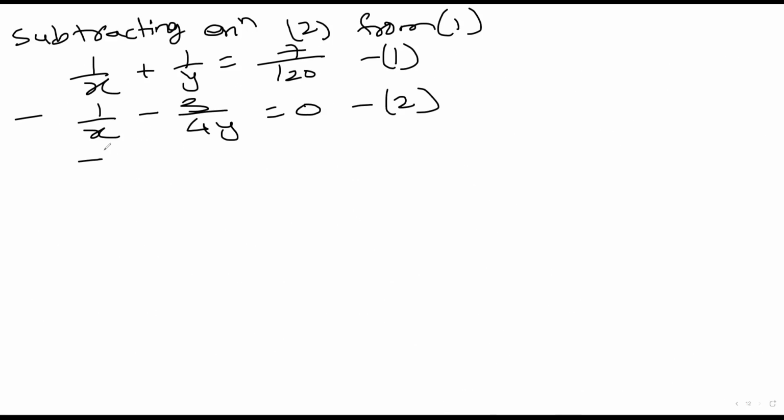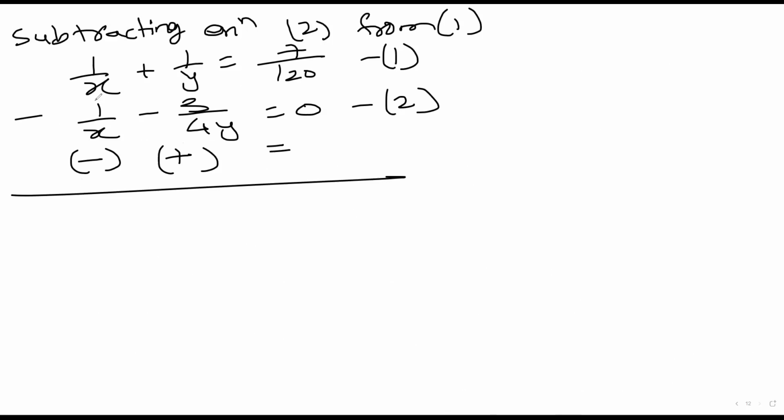This minus will become plus, this has no sign here. So 1 upon x minus 1 upon x will get cancelled out. 1 upon y, minus minus will become plus, so plus 3 upon 4y is equal to 7 upon 120.